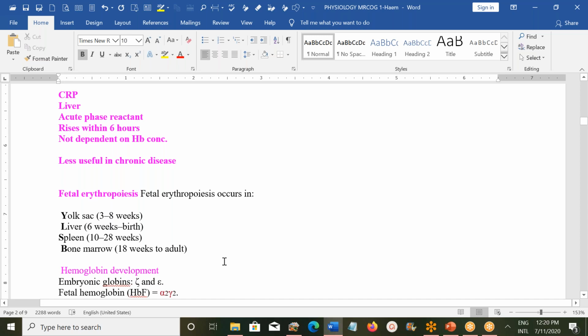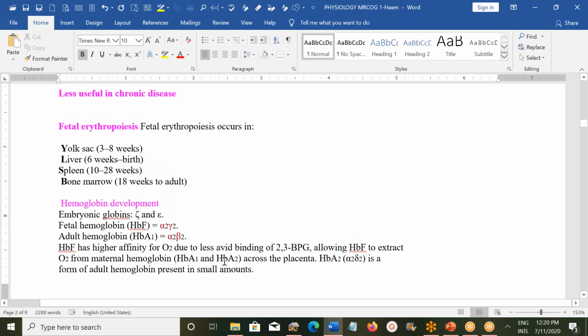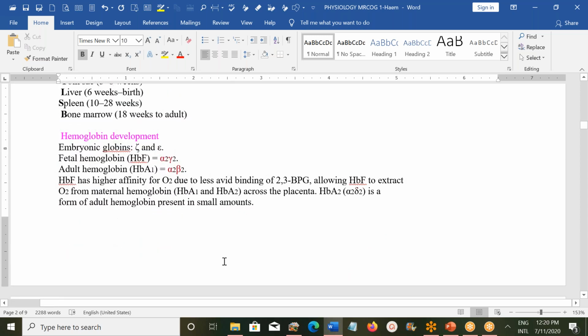That is the point. Regarding hemoglobin development, if you look at the fetus, what type of embryonic hemoglobin are you going to see? Hemoglobin F. But what will be in the chain?